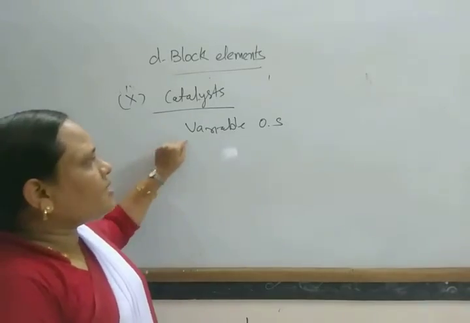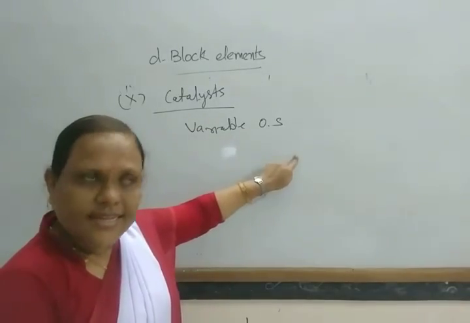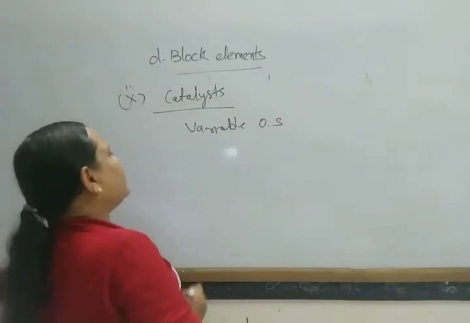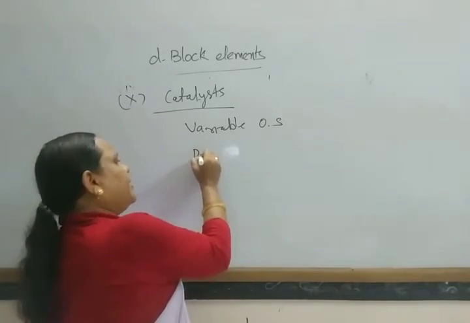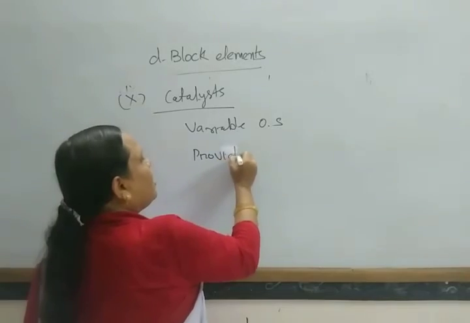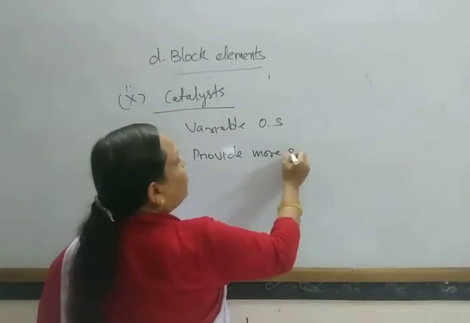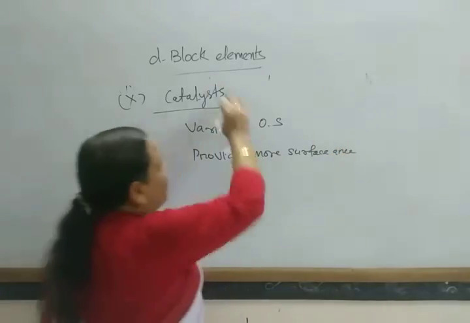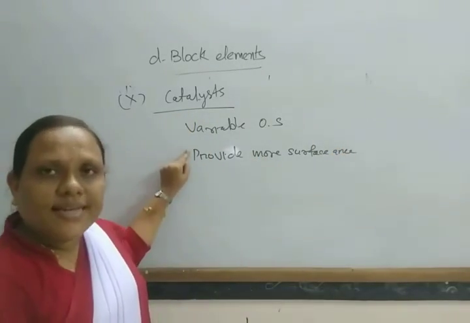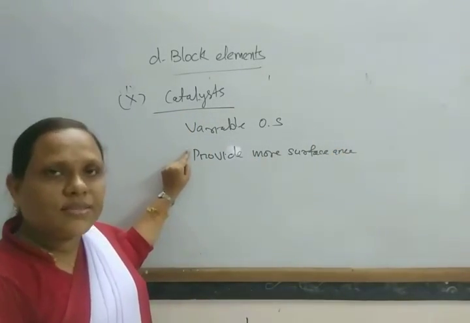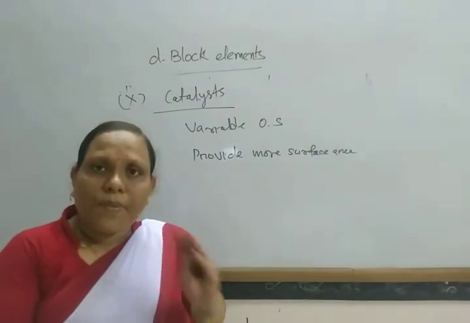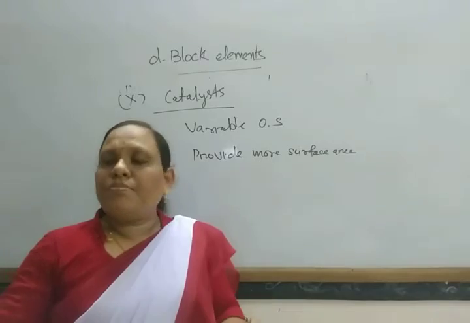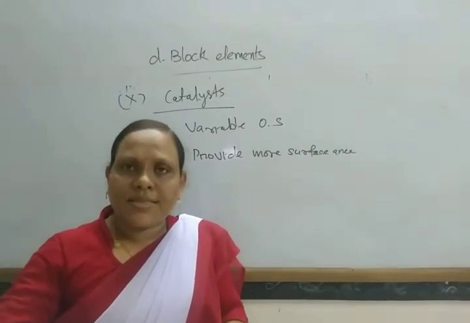Due to possessing variable oxidation states, and another, they provide more surface area. In this way, these are used as catalysts in various reactions. So they have the ability to combine with the reactant with one oxidation state and combine with the product with another oxidation state.